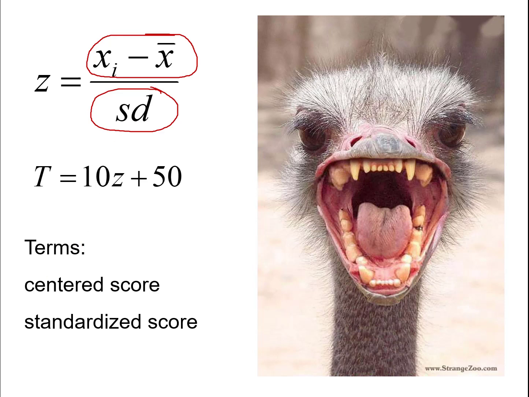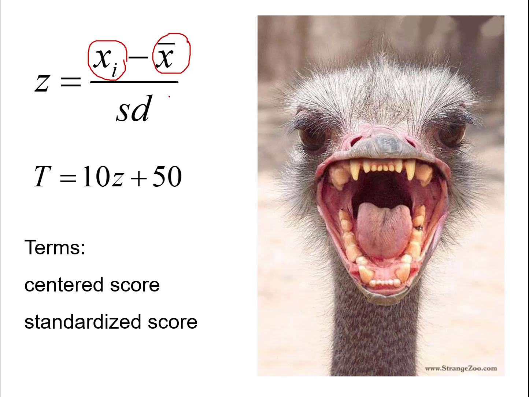There'll be many situations where I'll say, here's a sample of people, and before we do anything, let's convert everybody's scores into z-scores. If we did that, our first step is we take everybody's score on x, and for every person in our sample, we subtract the mean from that person's score on x. Now note that this is the exact same thing we did as the first step in calculating a standard deviation.